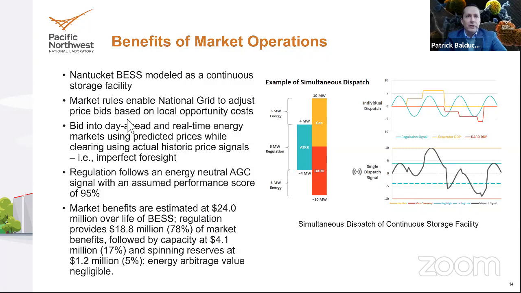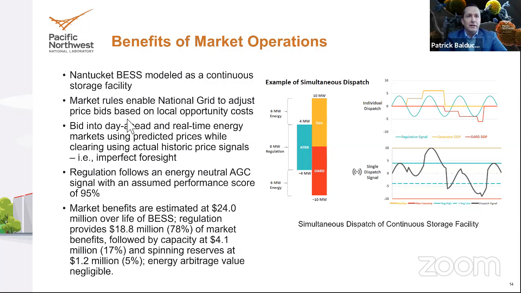We also overlaid what was called an ARIMA forecasting method that took into account forecasts of weather and temperatures for the next day. And so we didn't assume perfect foresight. We were bidding into the market based on imperfect foresight and then clearing based on actual historic prices. And it did have a significant impact on the profitability.